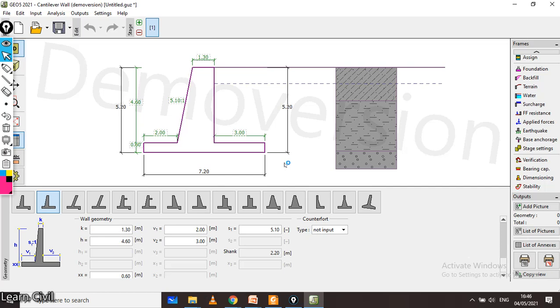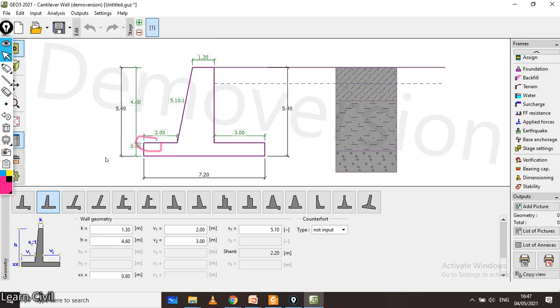Let us increase the depth of this footing. We have the depth or thickness of this particular footing as 0.6 meter. Let us increase this 0.6 to 0.8 meter.